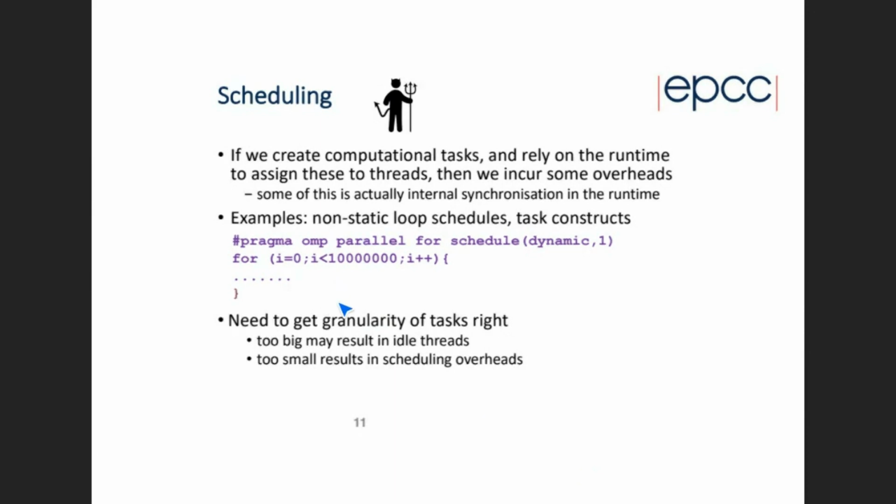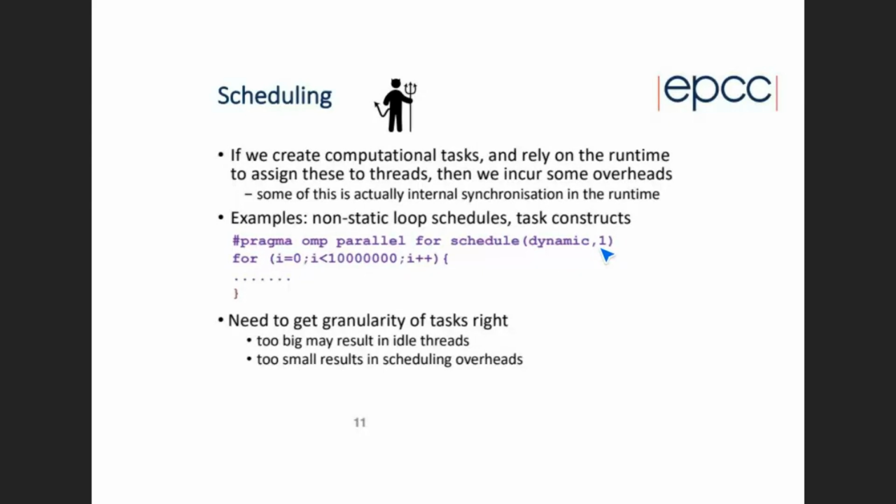So if I have a loop like this, a loop with 10 million iterations in it, where each of those iterations doesn't do very much, or maybe most of those iterations don't do very much work. And then I parallelize it with a schedule of dynamic, 1. So basically a chunk size of 1.